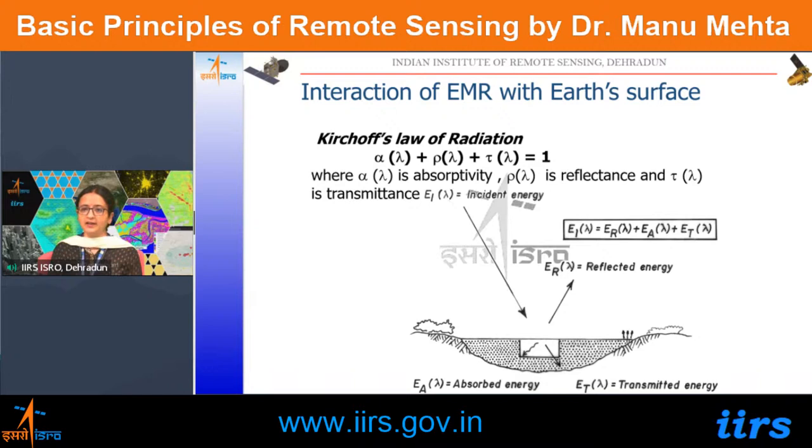If you divide both sides by the total incident energy, that is EI by EI is equal to ER by EI, where EI is the incident energy, plus EA divided by EI, plus ET divided by EI. So this gives you 1 is equal to reflectivity plus absorptivity plus transmissivity. Right? So this is Kirchhoff's law of radiation.